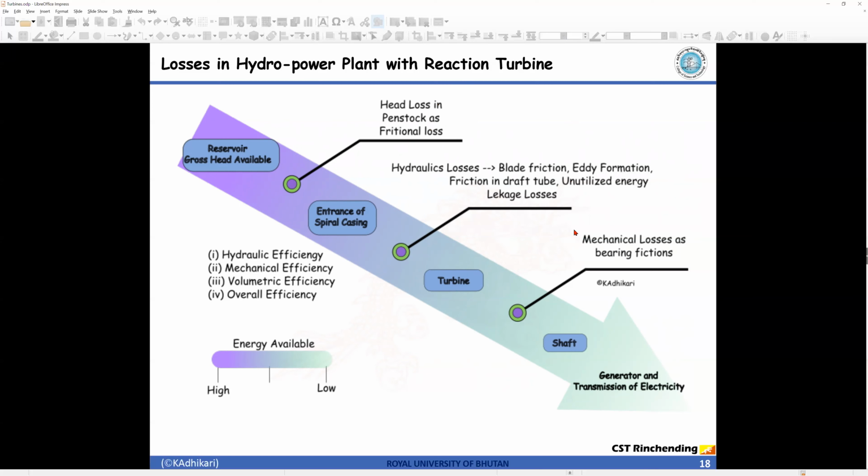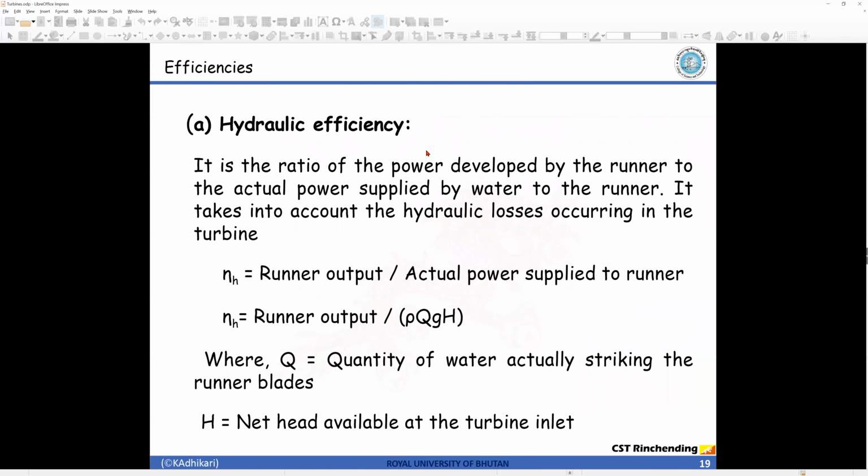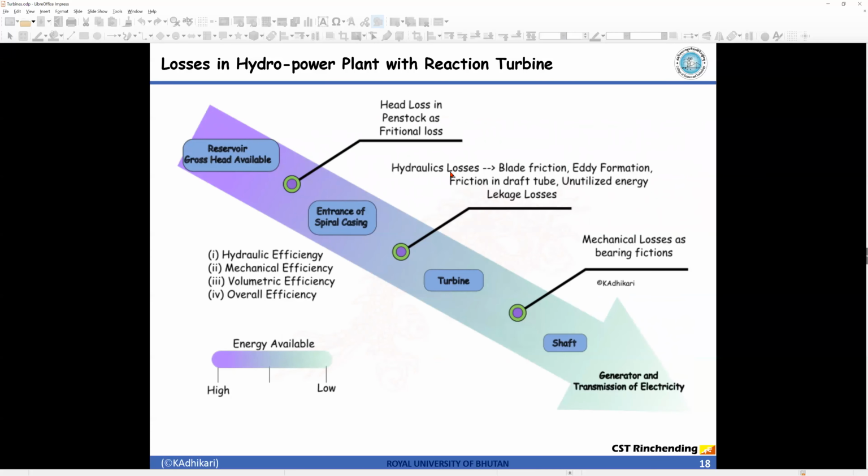And with the losses comes the efficiency. There are four types of efficiency: hydraulic efficiency, mechanical efficiency, volumetric efficiency, and overall efficiency. Let's discuss this. Hydraulic efficiency is given by runner output divided by actual power supplied to the runner. In the previous slide, I discussed hydraulic losses.